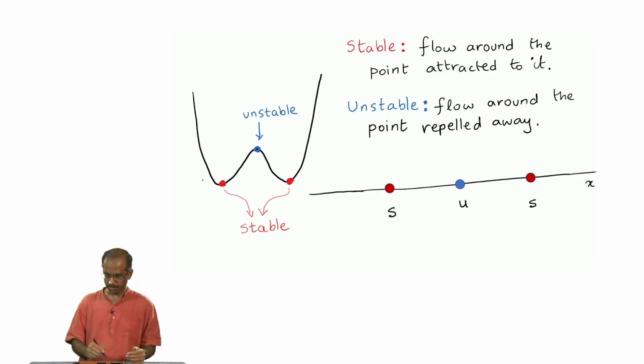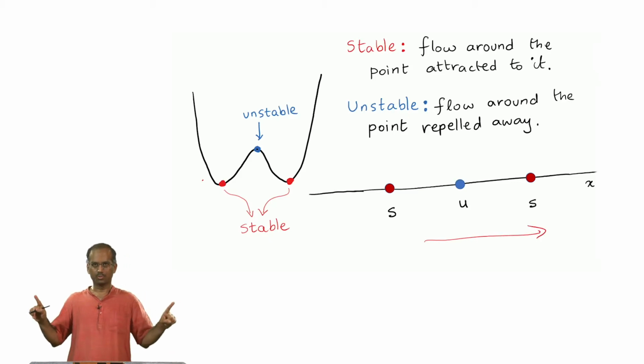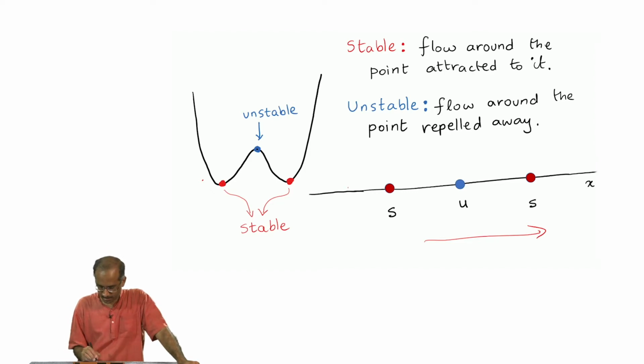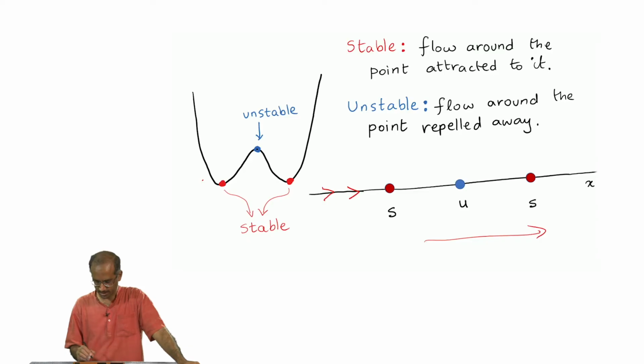So, if I plot these 2 points on the x axis here, what I will see is that there are 2 stable points. I can indicate the fact that the flow, or in other words the trajectories, are attracted towards it by putting an arrow here. This arrow indicates that trajectories will get attracted towards the stable point.